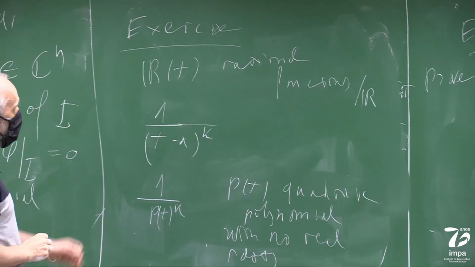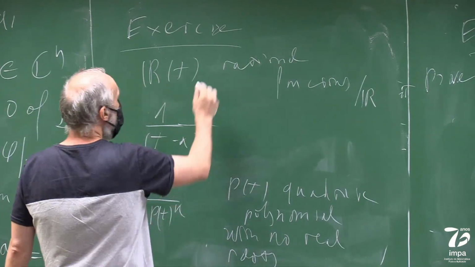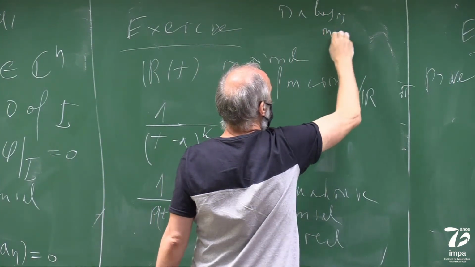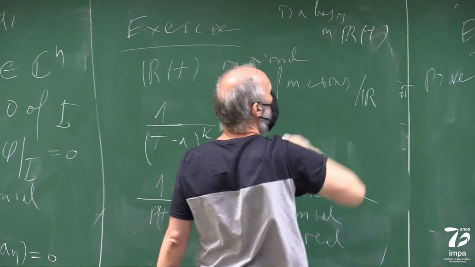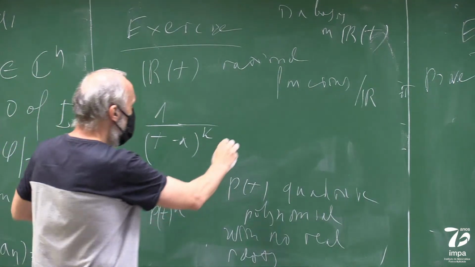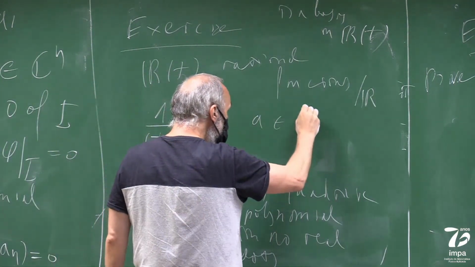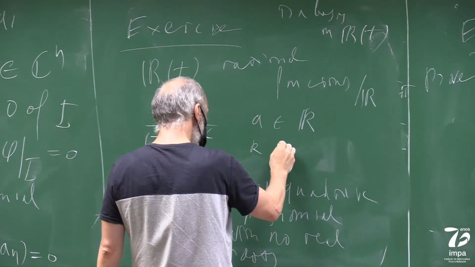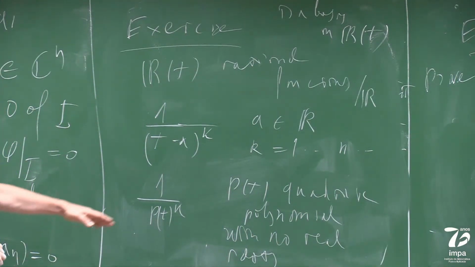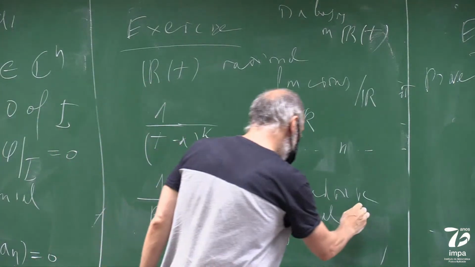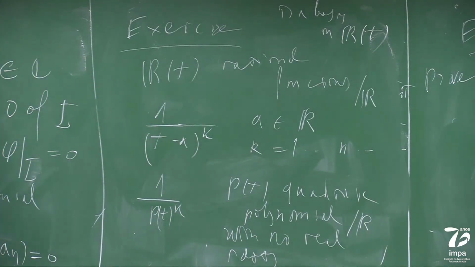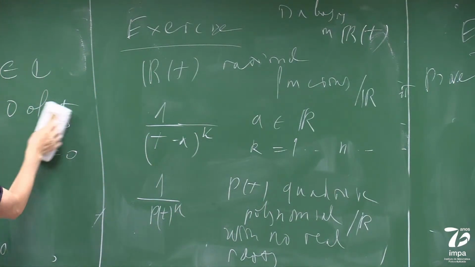These functions also form a basis in the real rational functions. Again, a belongs to R, k is equal to 1, 2, and so on, all positive integers, and p is a real quadratic polynomial without real roots. Okay, these are the home exercises.